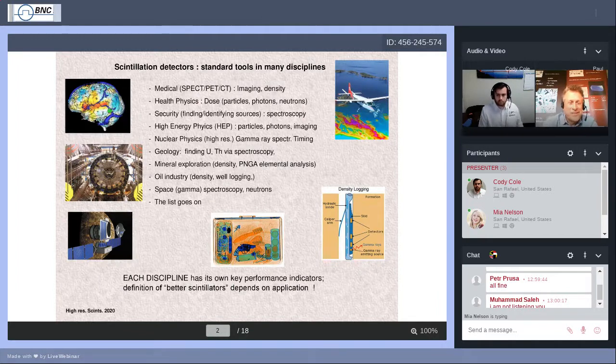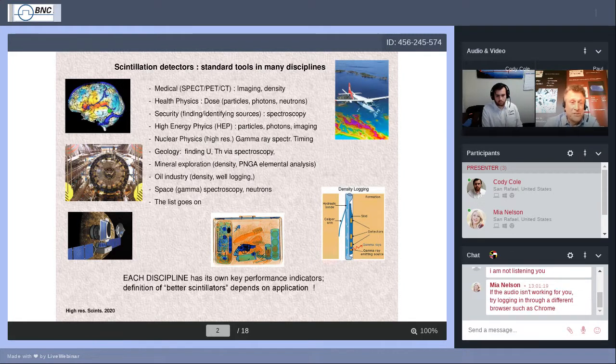Scintillation detectors are standard tools in great many disciplines. Here is a list of applications that is by far not extensive. Medical, health physics, security, physics, you name it. And all these different applications have different requirements. The energies range from a few keV for X-ray detection to many hundreds of MeV in high energy physics.